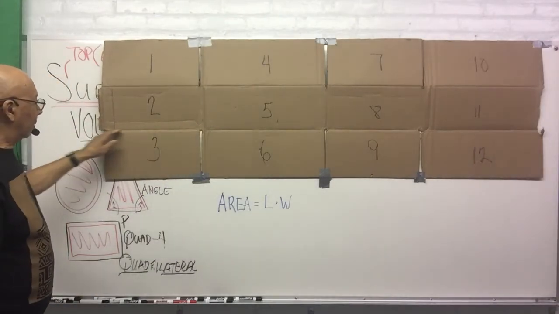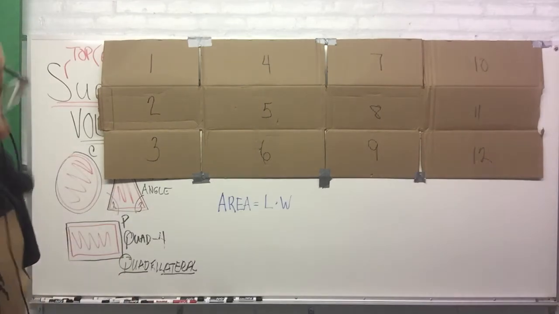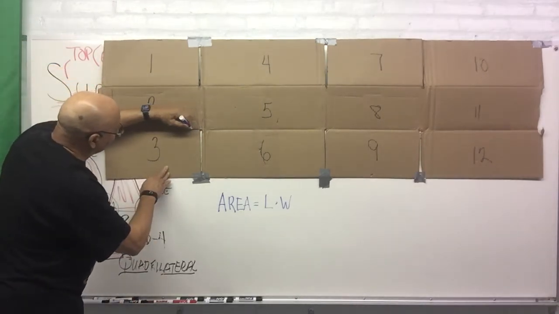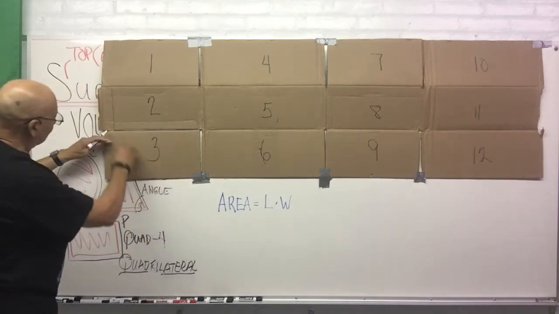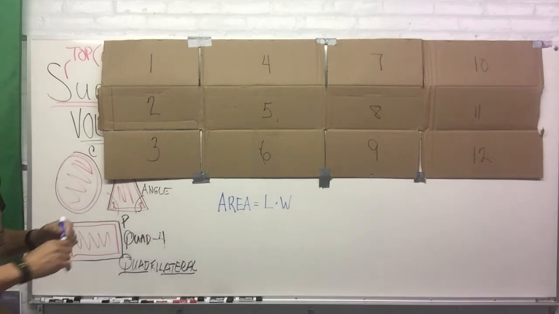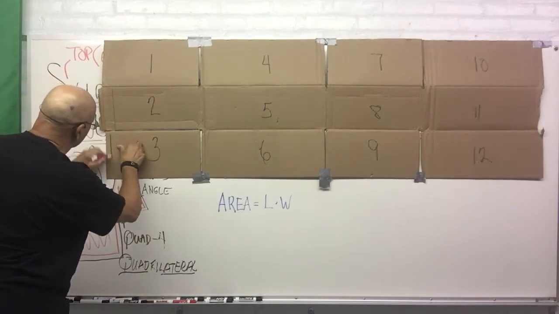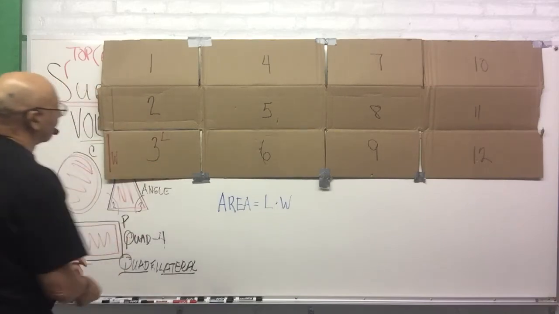So our length here would be what I'm pointing to now. I'm going to color that blue. Blue would be my length here, because this is longer than this other side, which is shorter. So I'm going to make that red. So I will call this the width and call this the length.